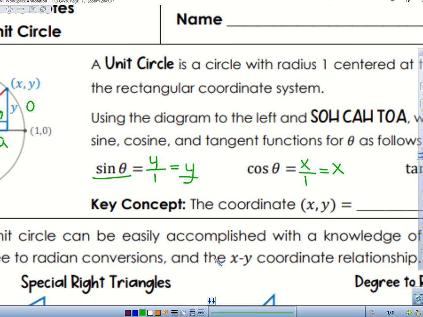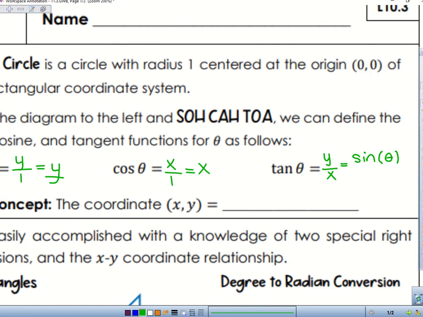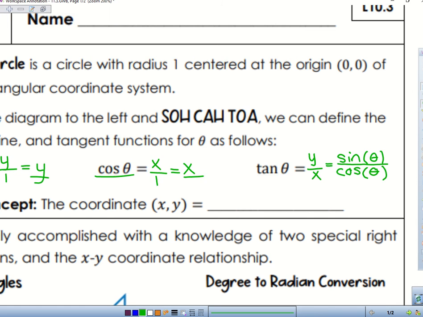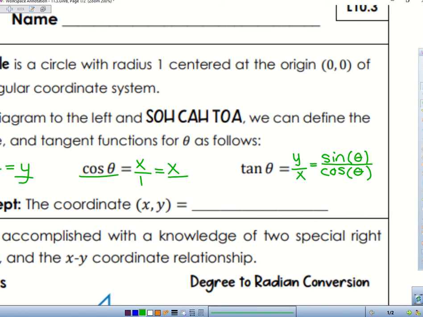Sine of theta is equal to y. And what is x equal to? Cosine theta. So isn't it true that you can find tan of any angle by doing sine of that angle divided by cosine of that angle as well? So that's a new skill that you just learned today. Alright? So essentially, sine is y, cosine is x, tan is y divided by x.